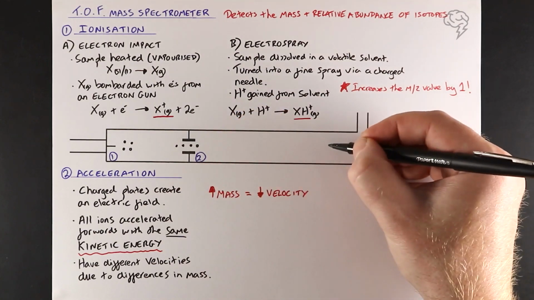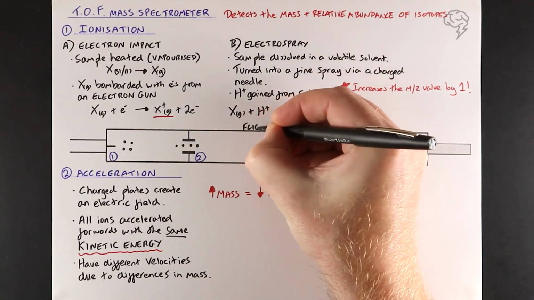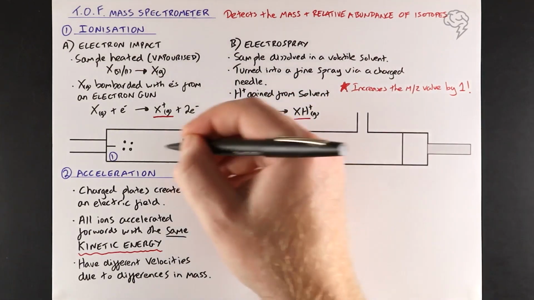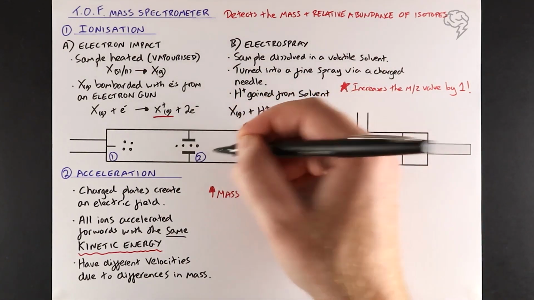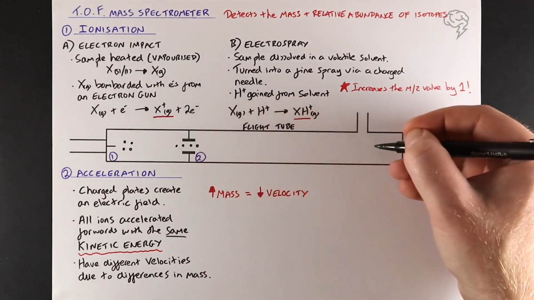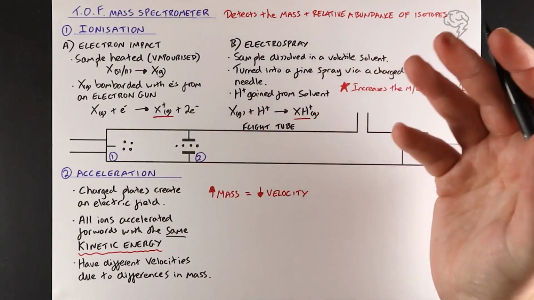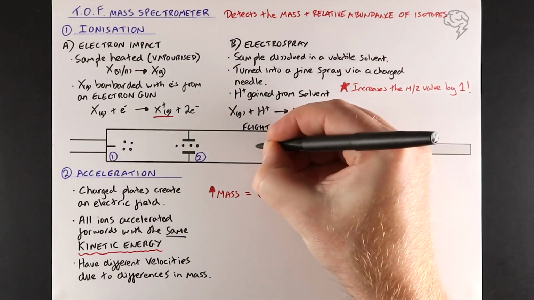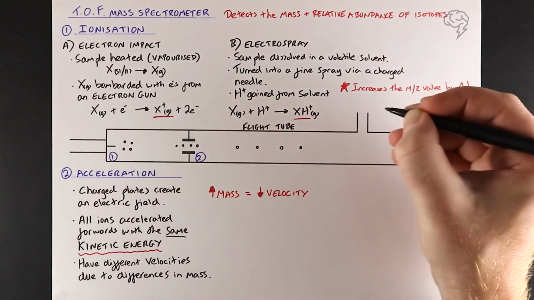As it goes down the flight tube, the faster ones obviously shoot off first, then the next slowest, and then the next slowest, and then the slowest. So this first one here, let's say that's the lightest, is going to be here. The second lightest is going to be here, then the third lightest, and the fourth lightest.